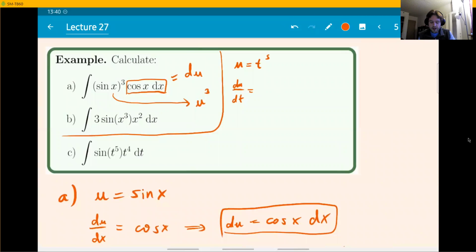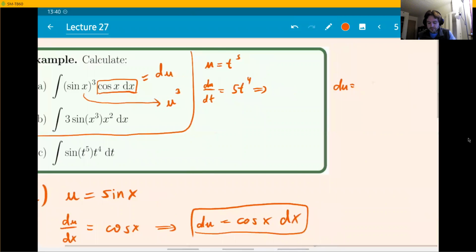Du dt is 5t to the 4th. And after you do the manipulation of multiplying by dt, you have du equals 5t to the 4 dt. Well, you don't actually have a 5t to the 4 in the original. You just have t to the 4. But you can introduce a 5 artificially if you also introduce a 1 over 5.